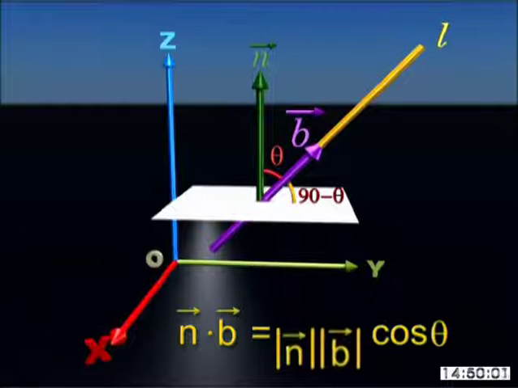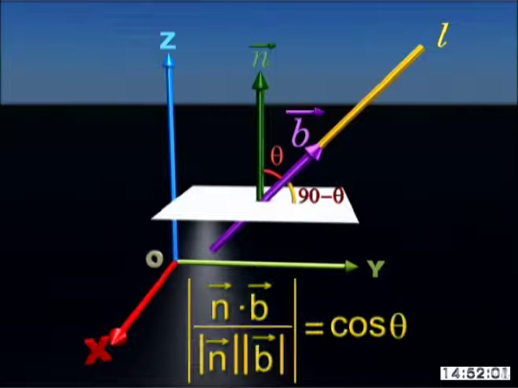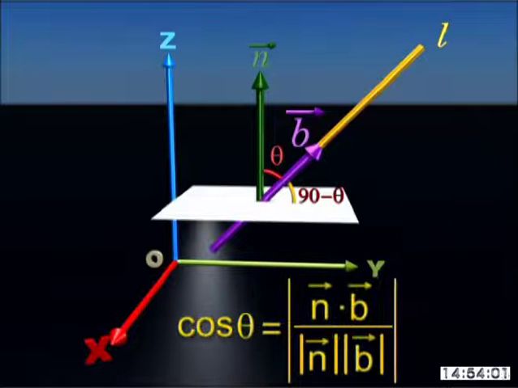This further implies that cos theta is equal to modulus of vector b dot vector n upon magnitude of vector n into magnitude of vector b.